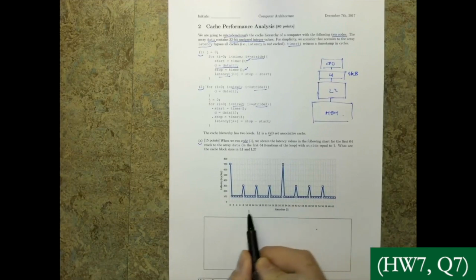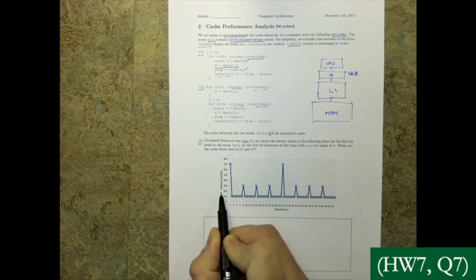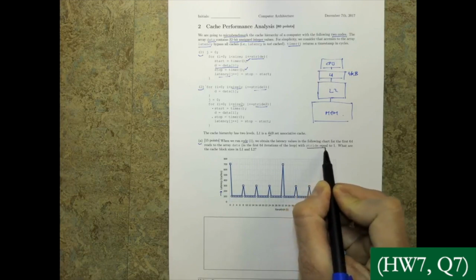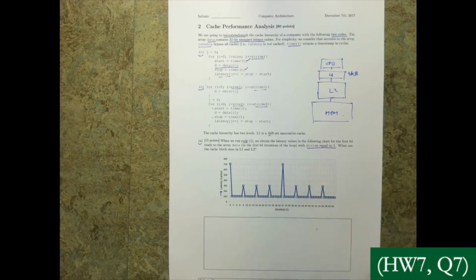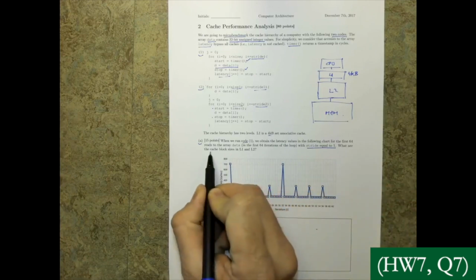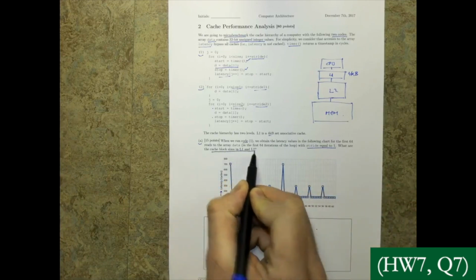In this chart, what we can read is the latency of every memory access for 64 memory accesses. Keep in mind that the stride in these memory accesses is 1, so stride is equal to 1. This part of the question asks about the cache block sizes in L1 and L2.